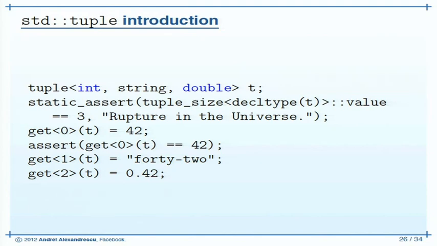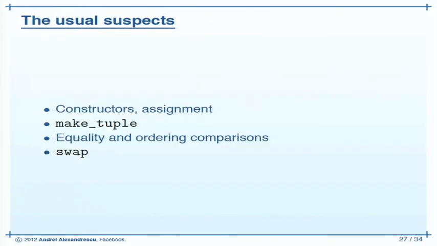You can assert the obvious. get<1>(t) gets 42, and so on. So you can read and write using the get template, and you just pass the zero-based index of the element into get's template argument. Why do you think it's not t.get<0>? I'll explain in a second.